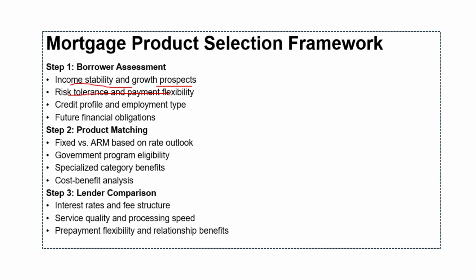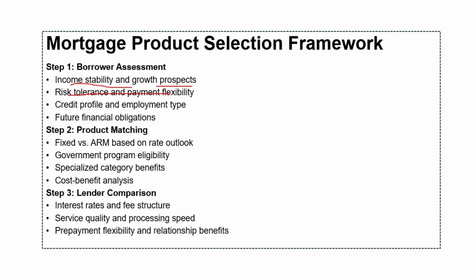Step 2 will be product matching. The product matching process requires analyzing the current interest rate environment. When rates are historically low and expected to rise, fixed rate products provide valuable protection, while high current rates favor ARMs expecting future declines.